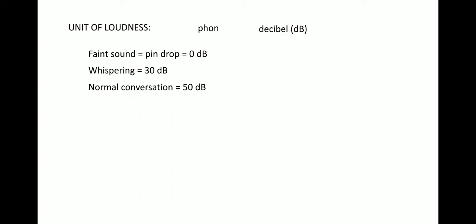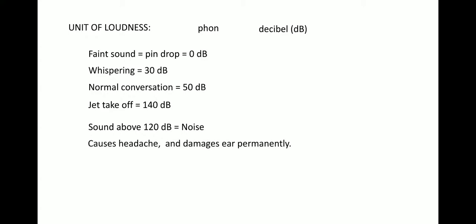And when the jet takes off, okay, it will produce 140 decibel of sound. Any sound which is above 120 decibel is also considered as noise, which causes headache and also can damage our hearing property or our ears permanently.